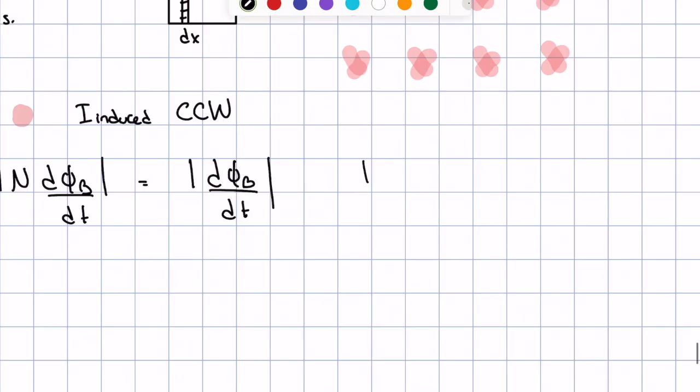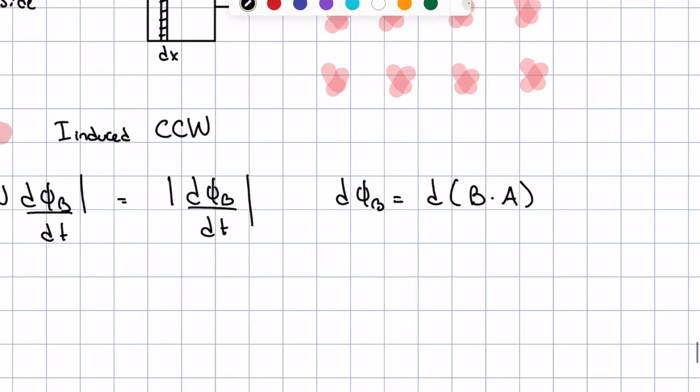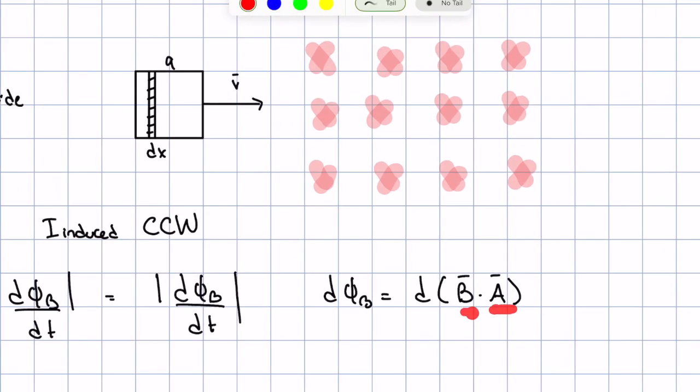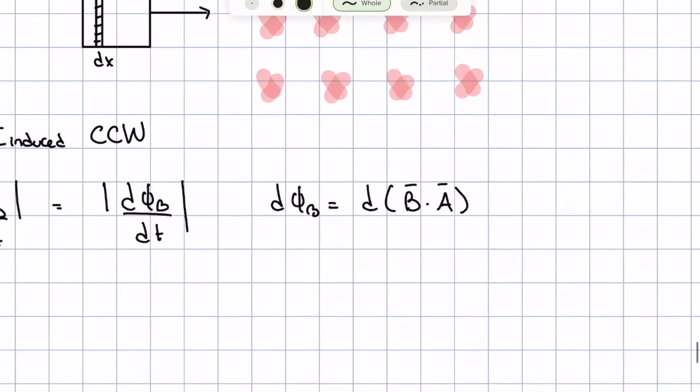We know that dΦB is going to be equal to d of B dot A, where these are the magnetic field and area vectors. We can define our area vector to be pointing in the same direction as B. So they are parallel, and the dot product can just go away. Then we're just left with d of B times A.